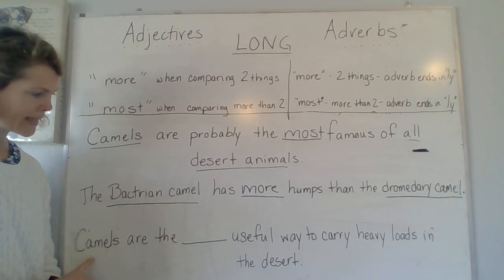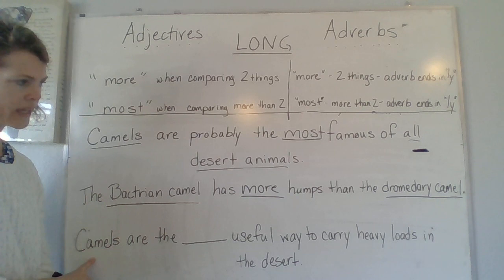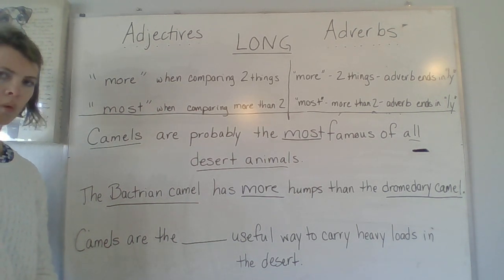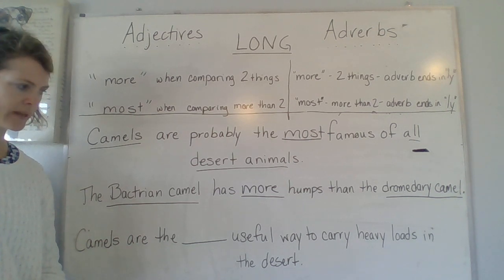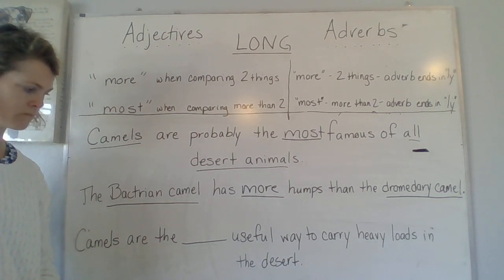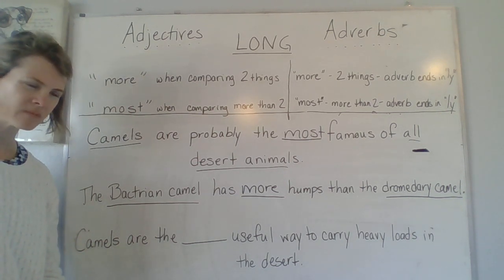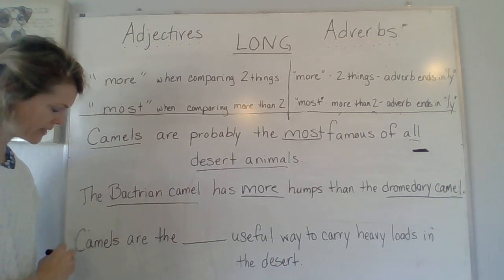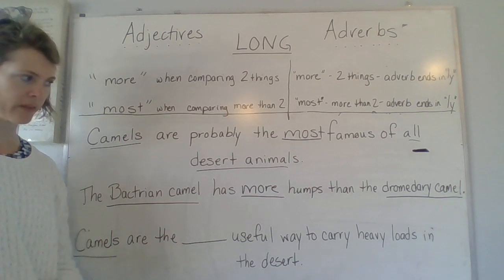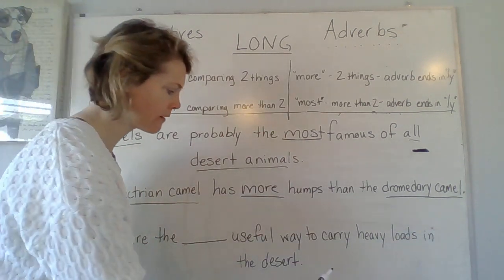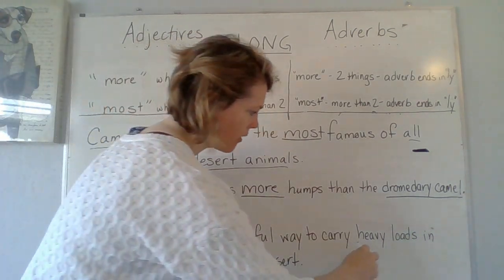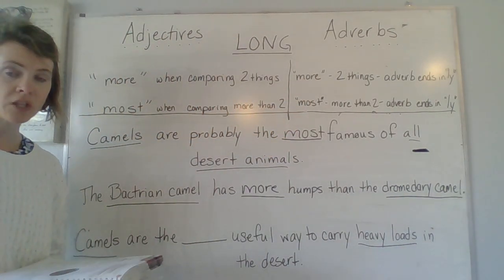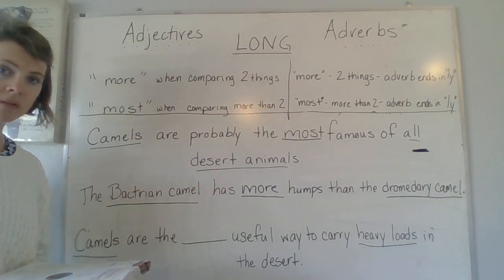Let's try this one. Camels are the blank useful way to carry heavy loads in the desert. Well, what are we comparing here? Are we comparing camels? No. Well, we could say camels are one way of carrying things, but we're also carrying all the heavy loads. So one thing we could use to carry a heavy load would be a camel.